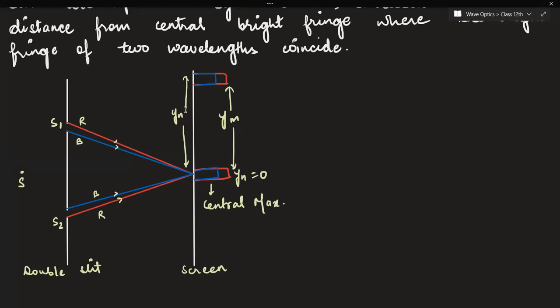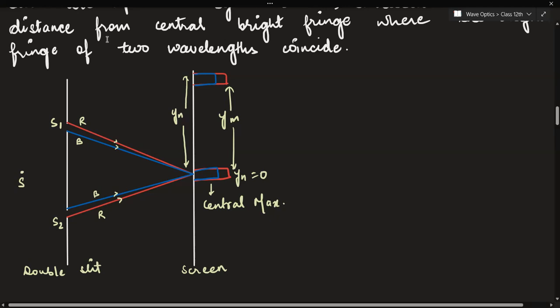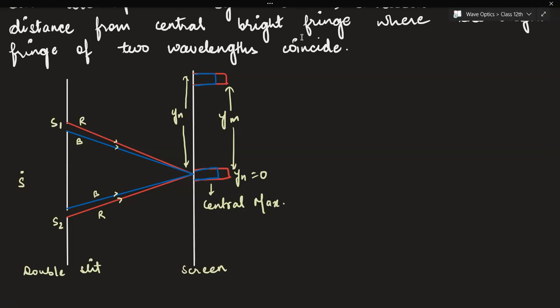This is the figure. You have a series of 800 nanometer fringes and a series of 600 nanometer fringes. So at one specific point, you will obtain a point where both the wavelengths' fringes coincide.